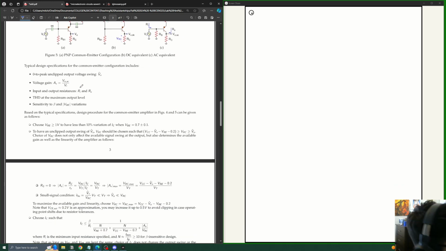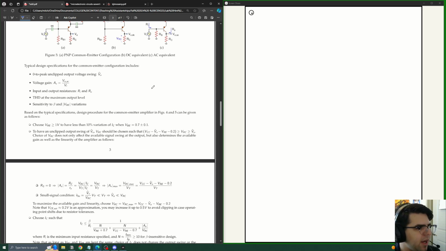So let's talk about their design procedure. They go over the typical specifications, and these are all the same ones that are required of us in the calculation section. We're going to try to have an unclipped voltage swing. Remember, the voltage swing can get too high such that it hits the power supply, and it can get too low such that it reduces the collector to emitter voltage.